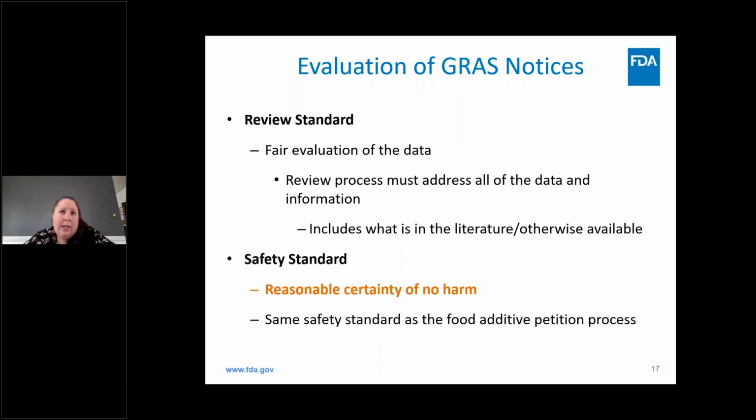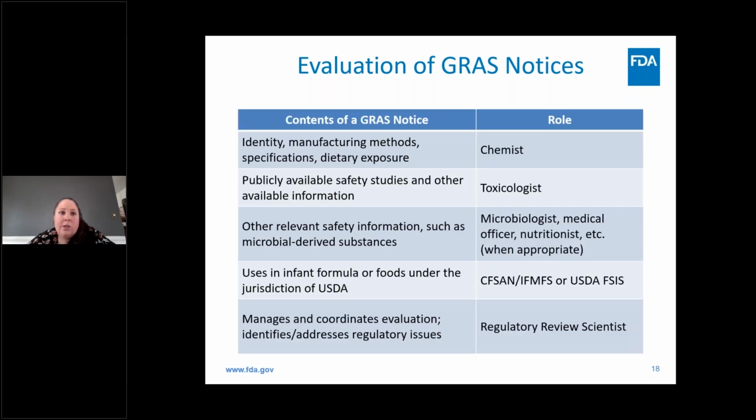So we've talked about the safety standard for the food additive petition, and that is reasonable certainty of no harm. And in the case of the GRAS provision, we have that same exact safety standard. So not surprisingly, the review teams for GRAS notices look very similar to the review teams for food additive petitions. We also have a multidisciplinary team comprised of a chemist, a toxicologist, and where needed, we will include a microbiologist, a nutritionist, occasionally.